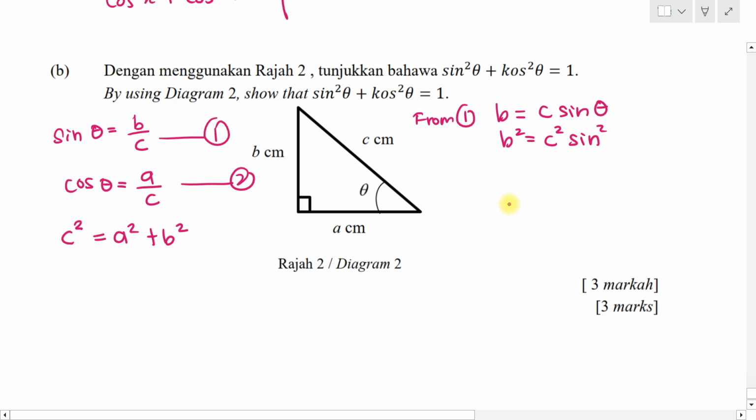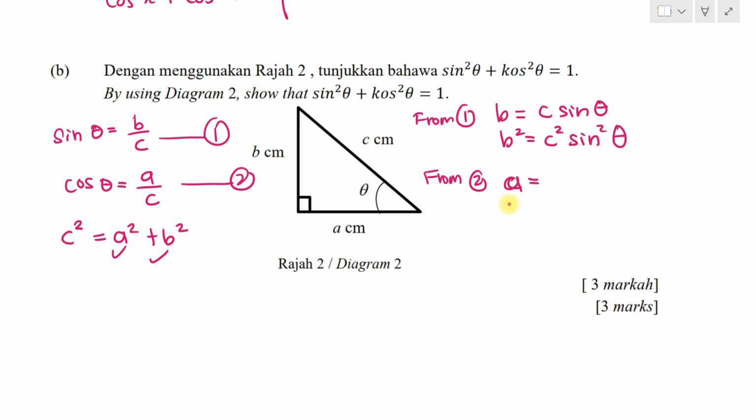Quite slow, my Microsoft OneNote. Okay, from 2, we need to make A, because we want to replace the A and B here. So A is equal to, from 2, C cos theta. So A square means C square cos square theta.